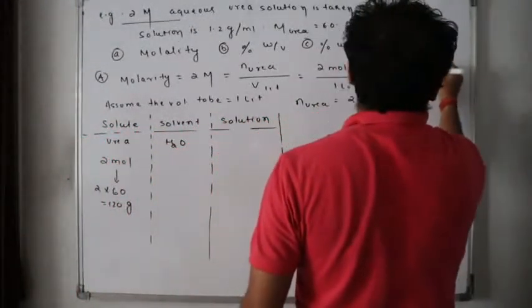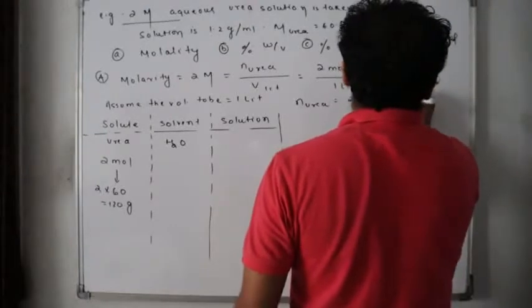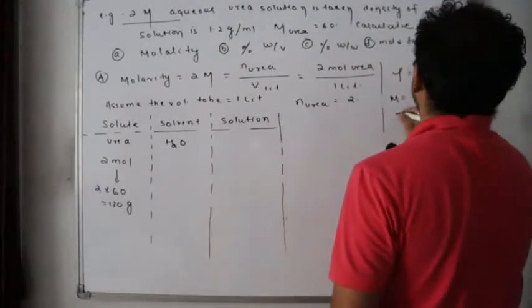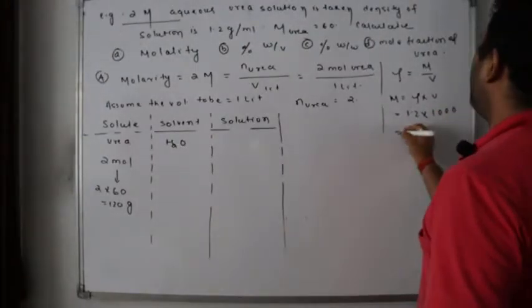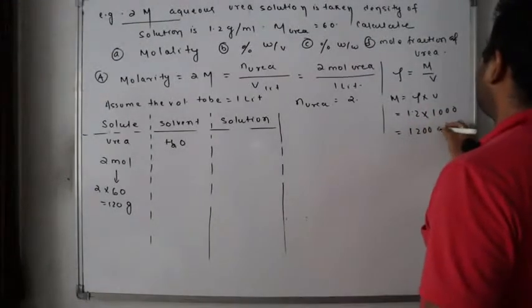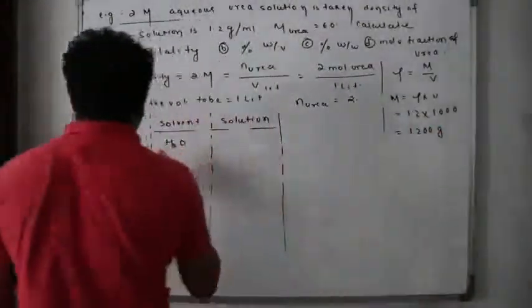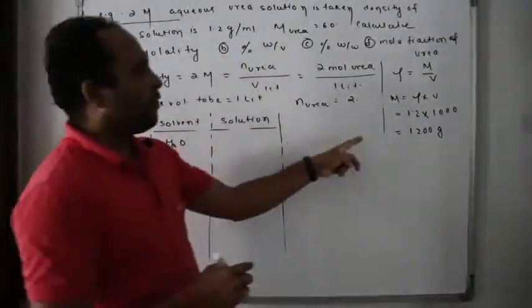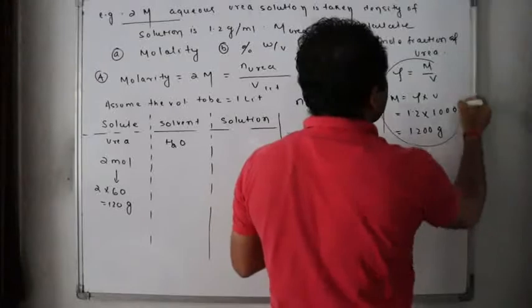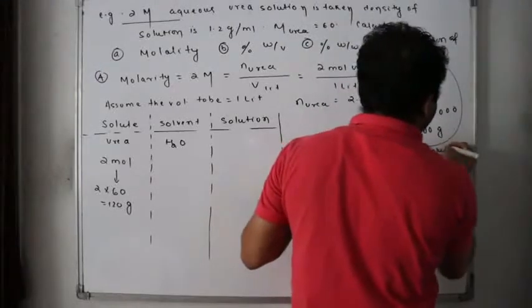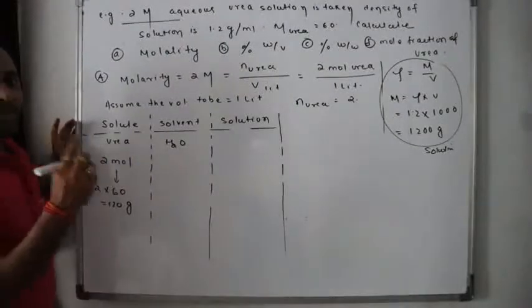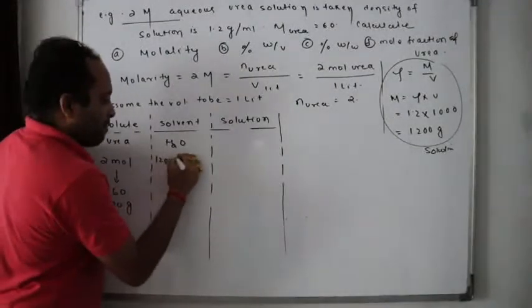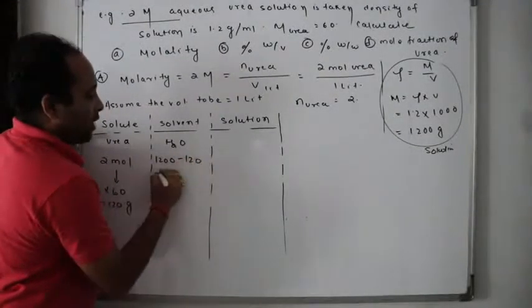Density is equals to mass by volume. Mass is equals to density into volume. Density is 1.2, volume is 1000 ml. So 1200 gram. This was for solution. Now solvent is how much? Solvent is purely 1200 minus 120 urea, isn't it?